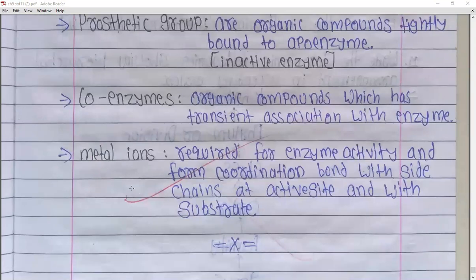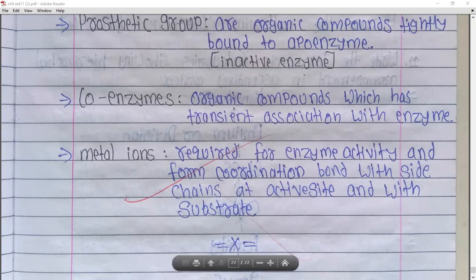And the third one is the metal ions. The metal ions are required for enzyme activity because they form coordination bonds with the side chains at the active site and with the substrate. The metal ions provide proper binding of the substrate to the active site, and they also allow the side chains at the active site to bind properly with the substrate molecule.